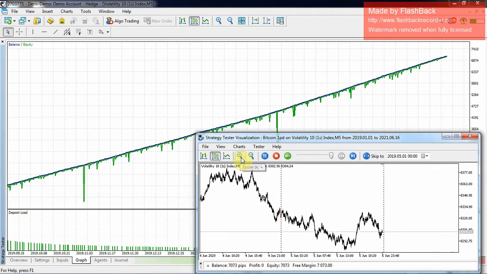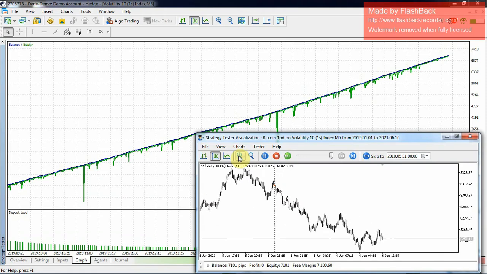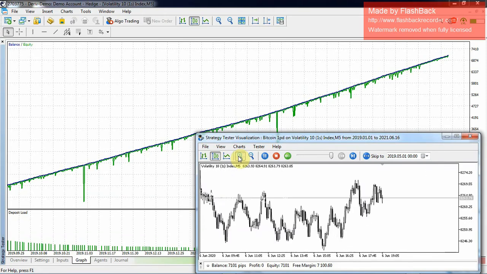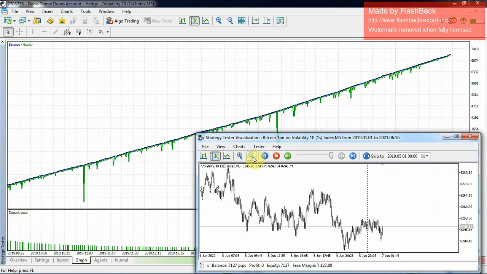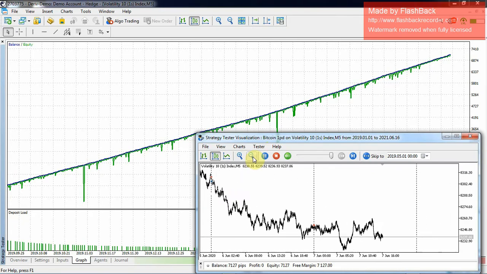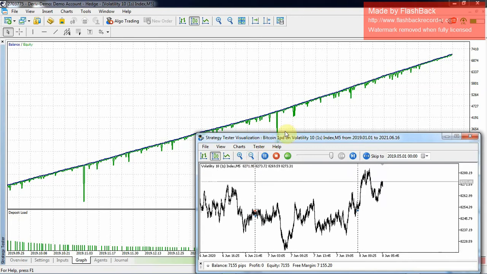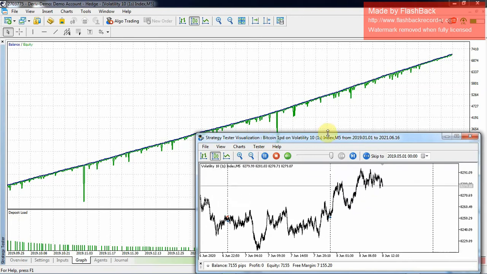So we're now in June of 2020, June 5th, 2020. As you can see, the strategy tester is running. Smooth balance line there.